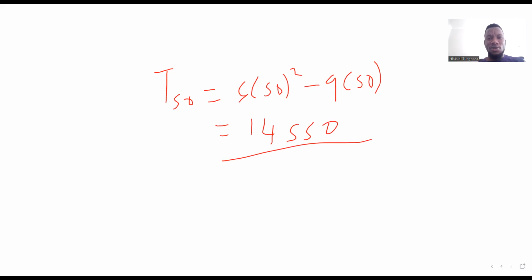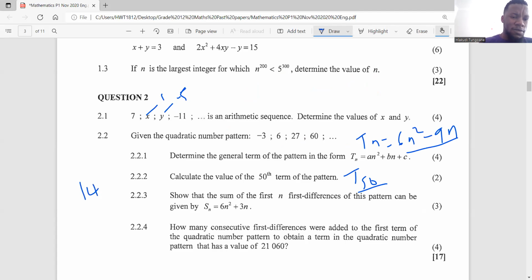So yeah, that solves the question. Then the question says to show that the sum of the first difference of this pattern can be given by this.